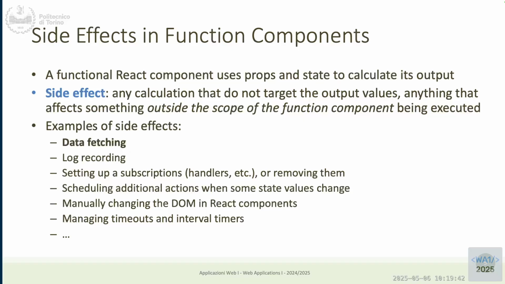But we cannot trust that behavior for logging user actions, for example. If you want to tell a database what the user is doing, we cannot allow a given action to be logged twice just because React renders the component twice. So in that case, we want to have control over the data that we are sending out.